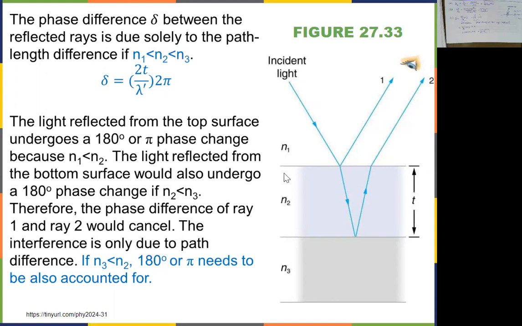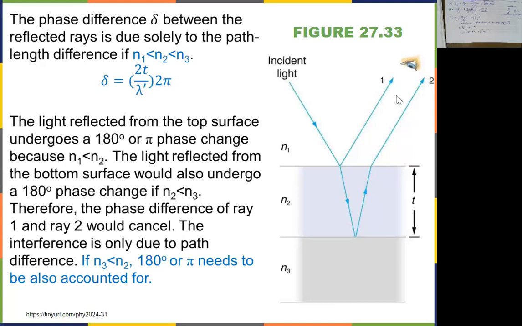If n1 is less than n2, then you are traveling from a thinner medium to a thicker medium, so ray 1 will have a phase change. Now, if n2 is less than n3, ray 2 will also have a phase change. So the effect of phase difference coming from phase change will cancel out, because this will have a phase change of pi, and this also will have a phase change of pi.